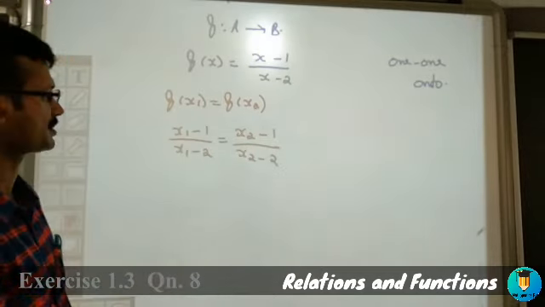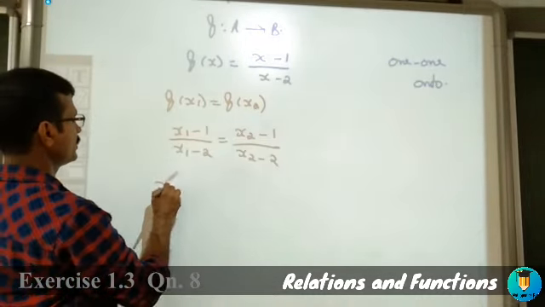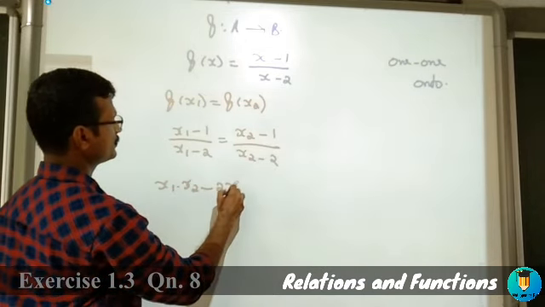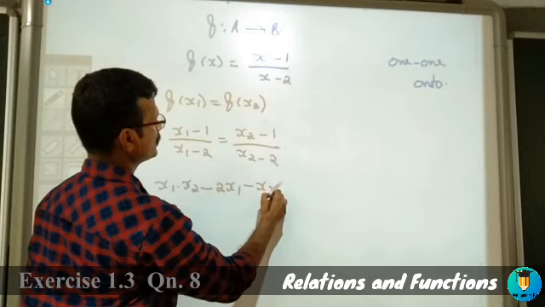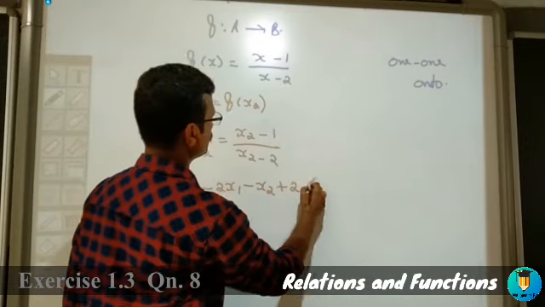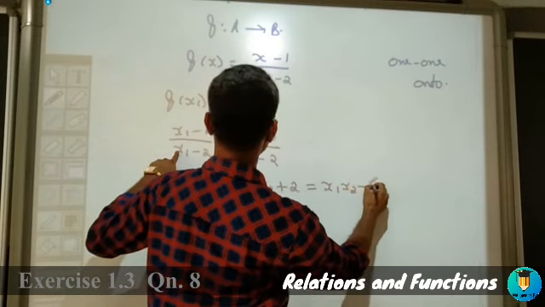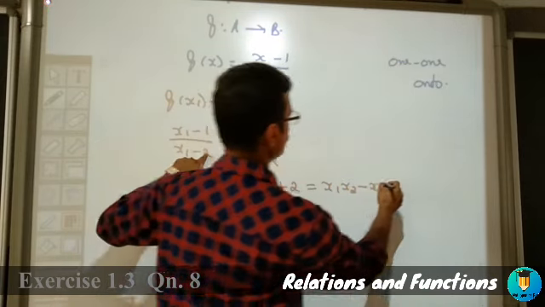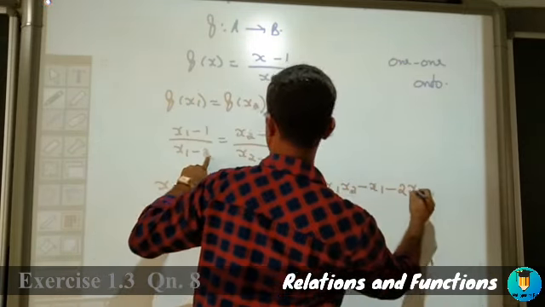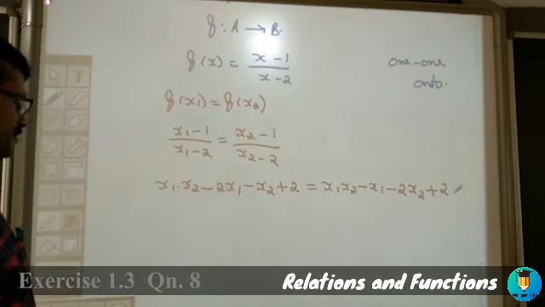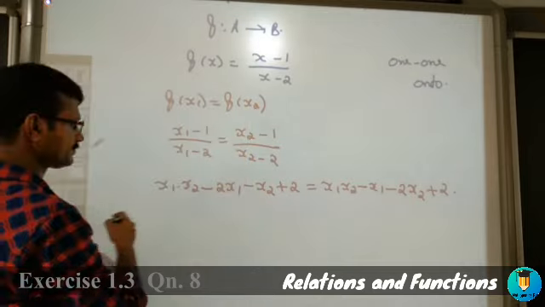Cross multiply it. x1, x2, I'm multiplying it. Just normal multiplication. Here some cancellations are possible.